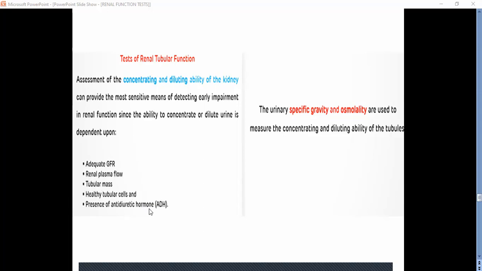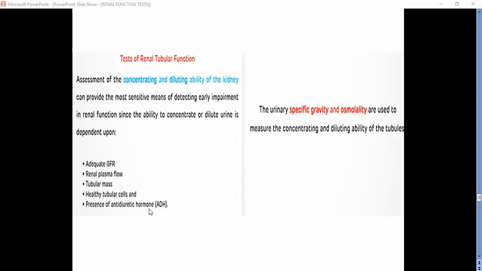The main function of tubules is that whatever compounds come out of the GFR should be reabsorbed if they are useful to our body. If any unwanted compound comes out of the GFR, it should be completely excreted.